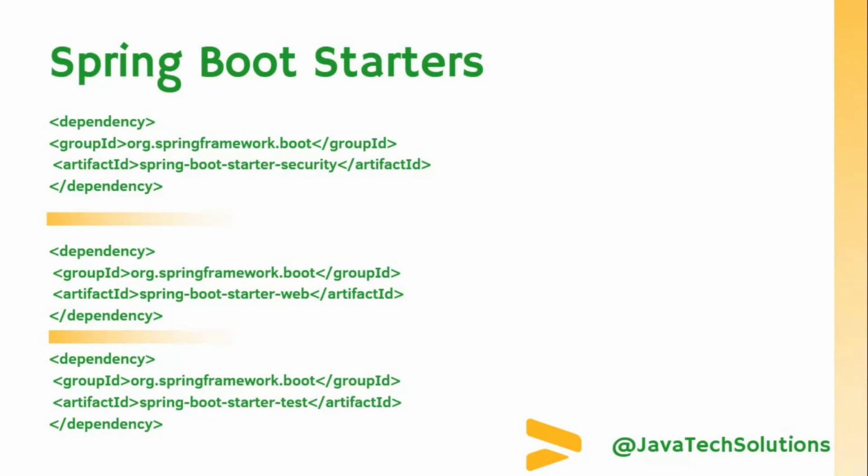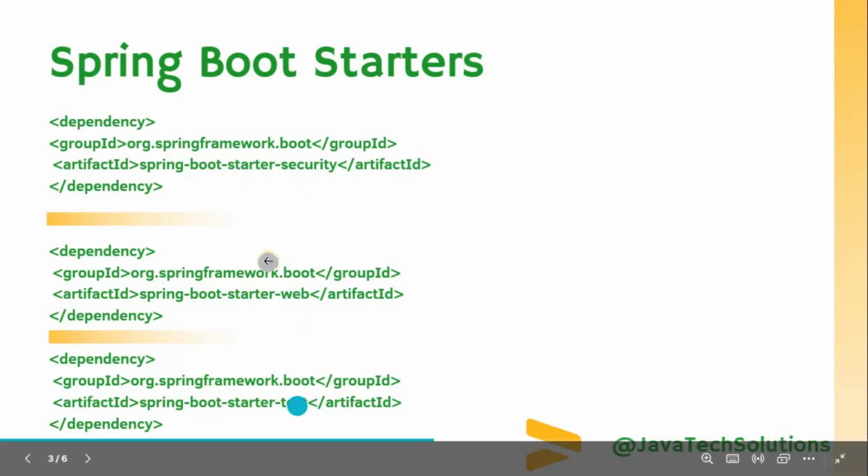If we are going to use JPA or database-related things, then we need to use the Spring Boot starter JPA dependency, as we use here. Similarly, for web we use the starter web. As you can see, the pattern is similar, only the last portion is different, like security, then web, then test, but the Spring Boot starter prefix is fixed.